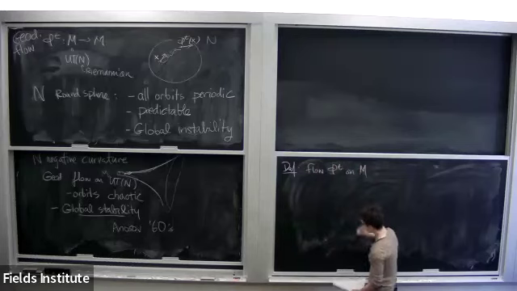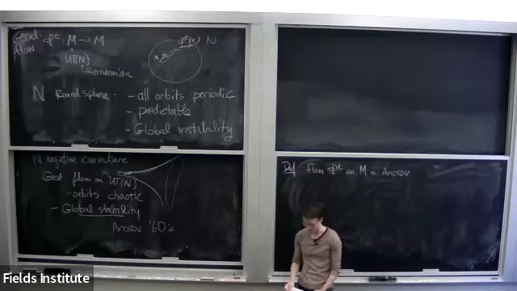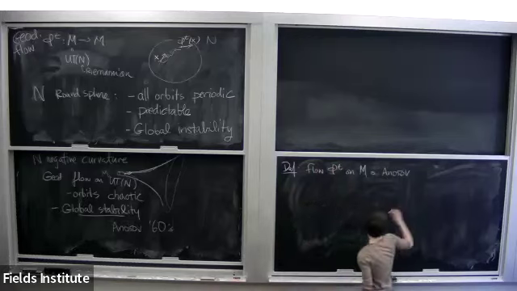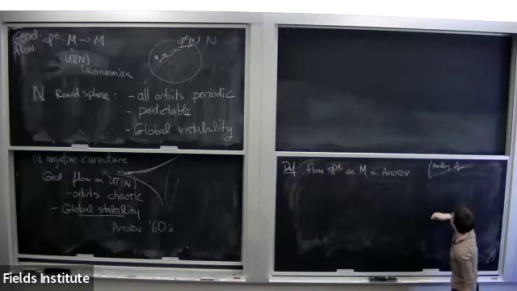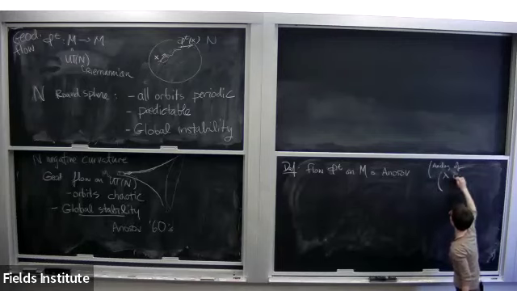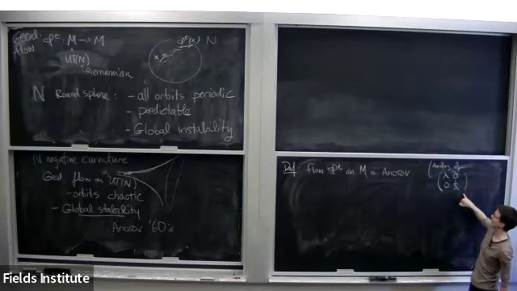on a manifold M is called Anosov if, well, the way to think about this is it's like the analog of a matrix that looks like lambda, 0, 0, 1 over lambda, that it's got eigenvalues that are bigger and less than 1.